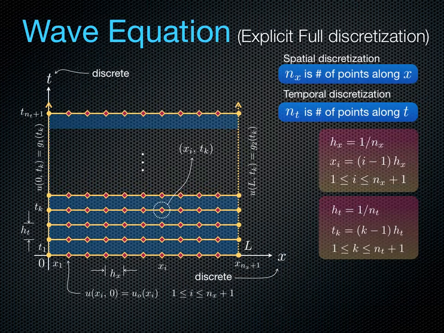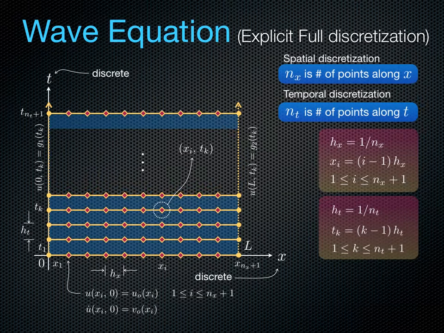So both variables are fully discretized, and the address of any point in the space-time continuum is given to us by x sub i, t sub k, and we can determine those locations and time instances by the simple algebraic relationships we have in the red boxes.